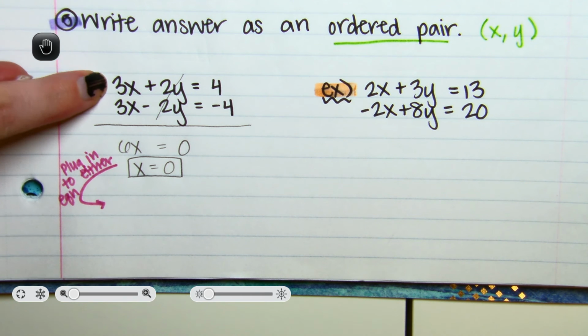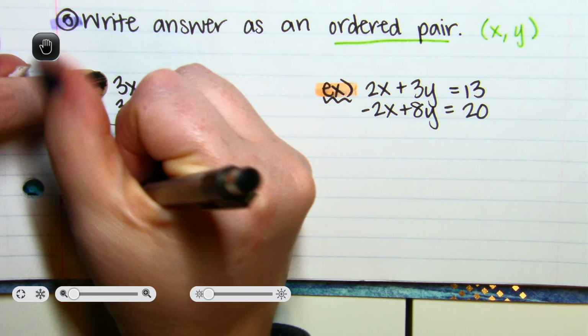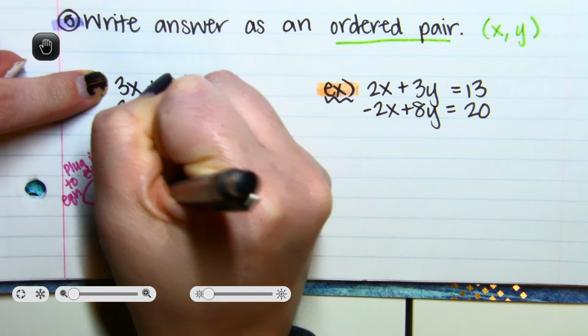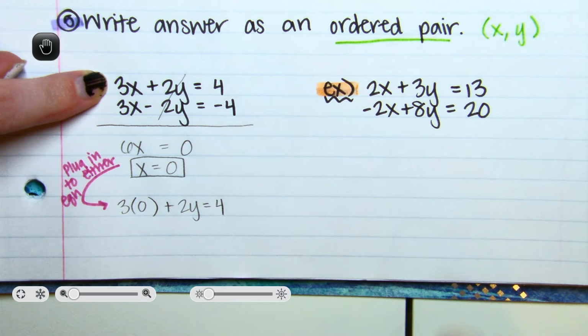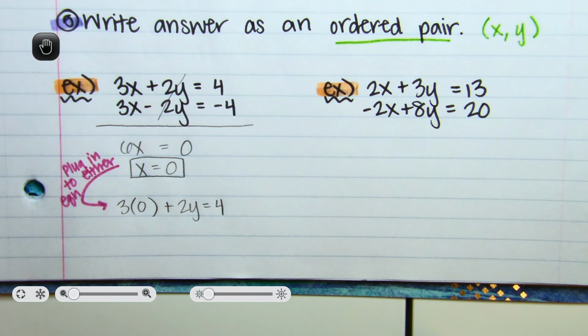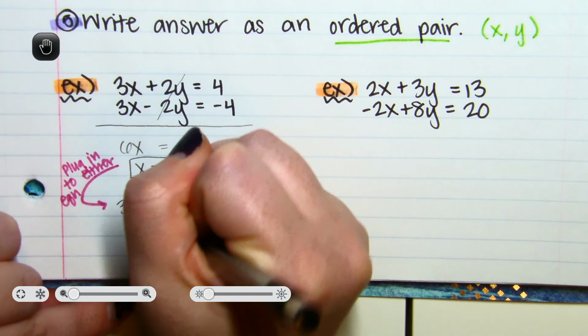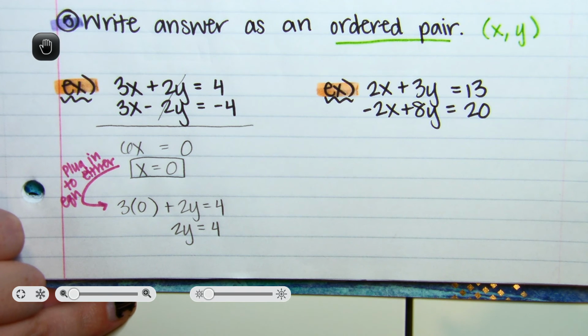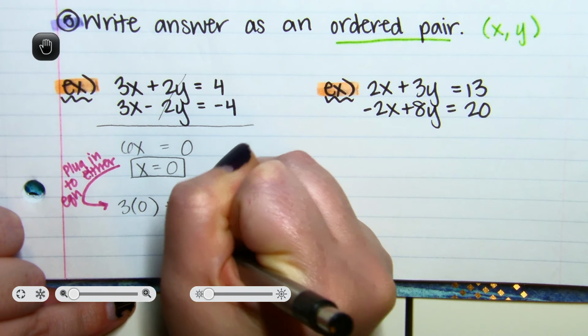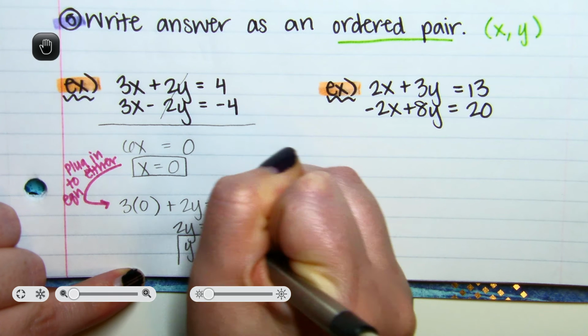I'm going to choose the first one because it has all positive values. So 3 times 0 plus 2y equals 4. 3 times 0 is just 0. That cancels out. So I'm left with 2y equals 4. Divide both sides by 2, and we get y equals 2. There's the other half of our answer.